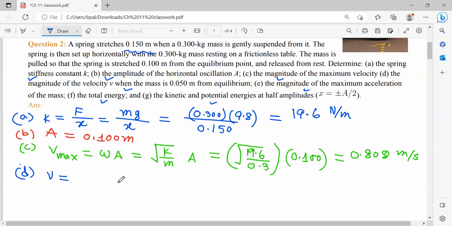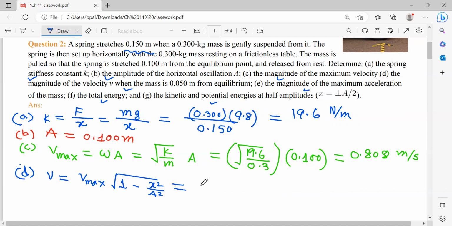If you remember, we derived another equation, something like this: v equals Vmax times square root of 1 minus x squared over A squared. Here I did some modification, because this equation is given in the list of equations, that's why I use it. The equation we derived in the lecture is a little bit different, but it's basically the same equation.